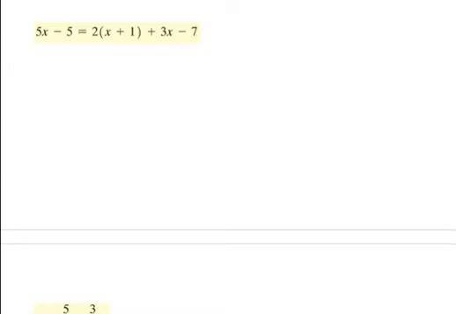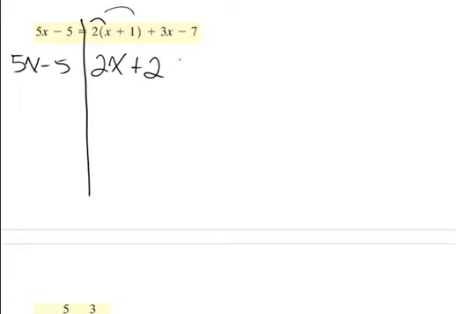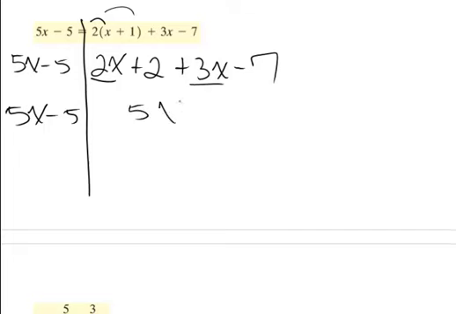Okay, so my next problem here, again, I'll draw my line coming straight down here. I'll leave my 5x minus 5 alone. We'll distribute our 2. So that's 2x plus 2 plus 3x minus 7. Okay, we'll worry about combining like terms. So I have 5x minus 5. Over here, 2x plus 3x is another 5x.